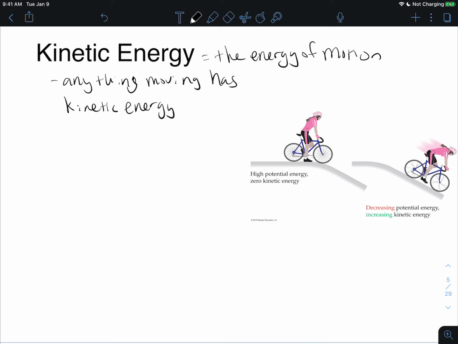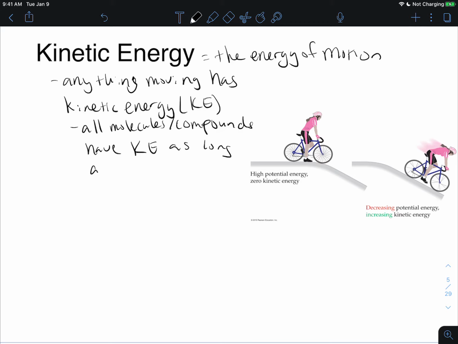So all molecules that are above 0 Kelvin have kinetic energy. All molecules or compounds have kinetic energy, I'm just going to abbreviate this as KE, as long as they have a temperature greater than 0 Kelvin, which is everything, right?